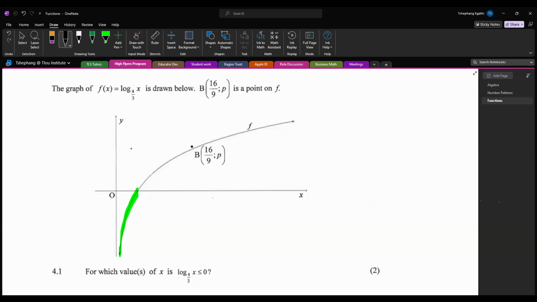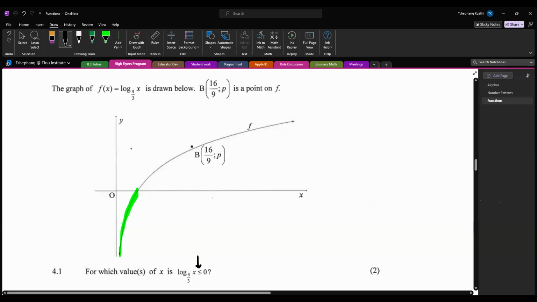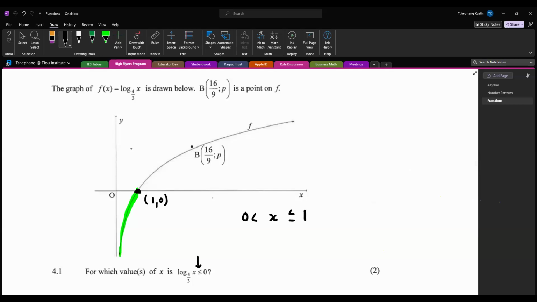Now, very important, we are dealing with less than or equal. So we know that the standard cut here, that'll be 1 and 0. Now let's talk about that region. So that region is simply x is between 0 and 1. You do not include the 0. Why? Because the y-axis is the asymptote, right?